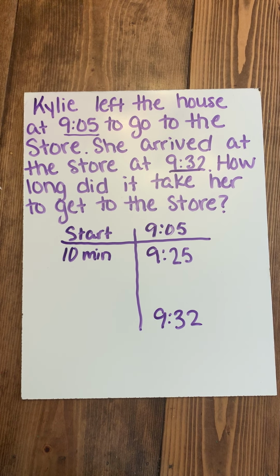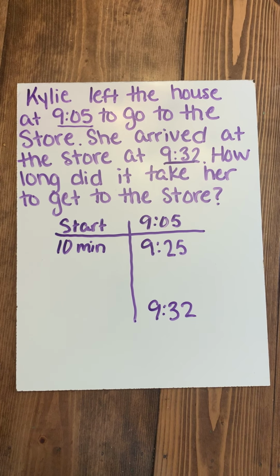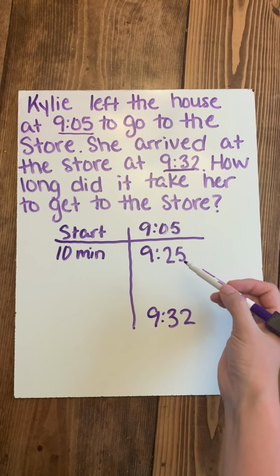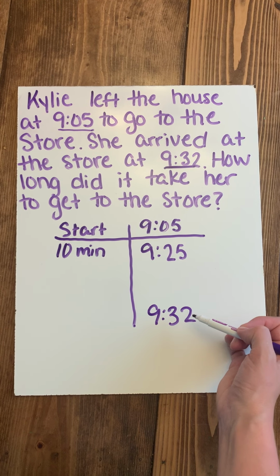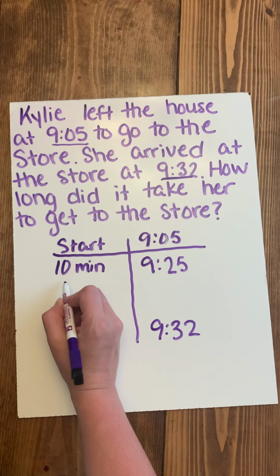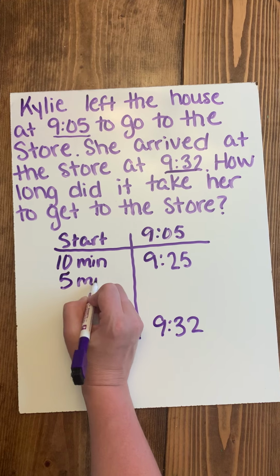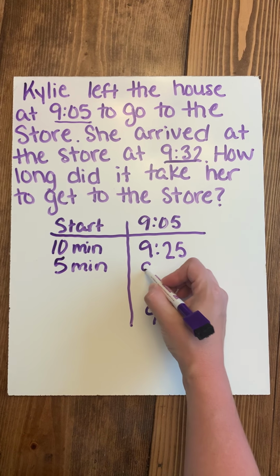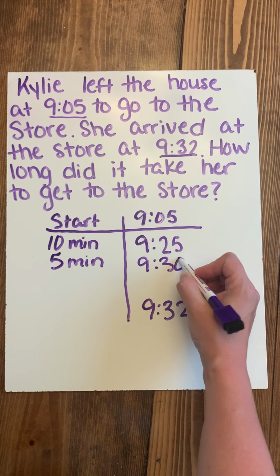So now I'm going to ask myself if I can add 5. Can I add 5 minutes to 9:25 and not go over 9:32? Yes, I can. So I'm going to write 5 minutes. And then 9:25 plus 5 minutes is 9:30.